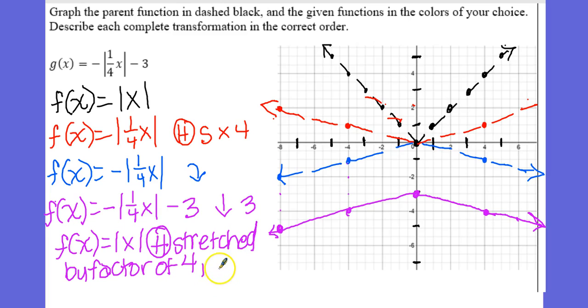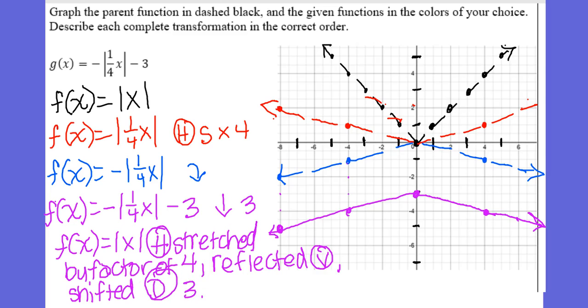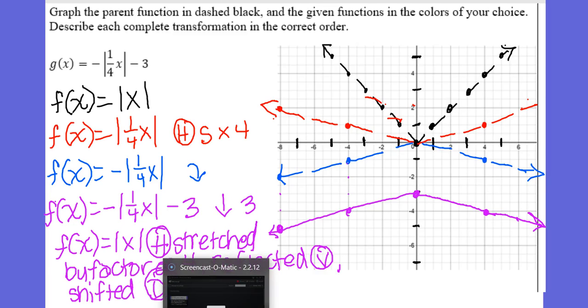Then we reflected across. So we reflected vertically. Could I just say reflected vertically? Okay, so I'll put a reflected V. And then we shifted down 3. And there you have it.